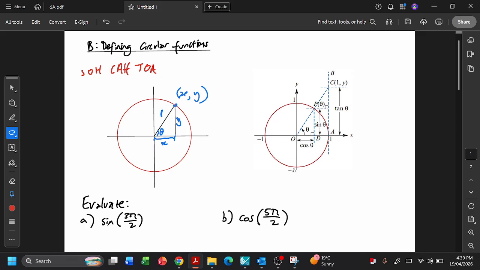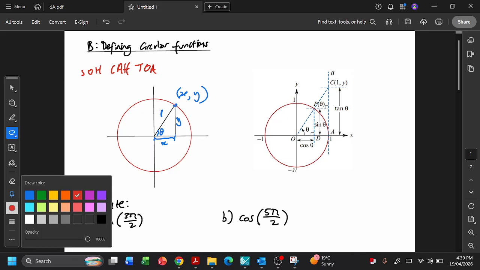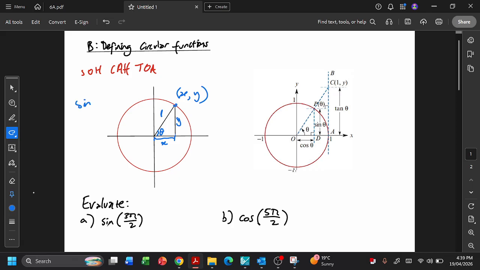If we look at this little triangle, sine of this angle theta is going to be equal to its opposite, which here is y, divided by the hypotenuse, which is equal to 1. And y divided by 1 is just equal to y.